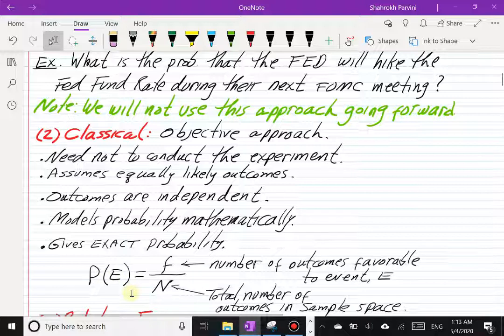To give you an example, let's say in the game of poker, where you're dealt a 5-card hand from a standard deck with 52 cards. There are 4 suits, 13 denominations, 52 total. So for example, let's say I want to know the probability of a full house.